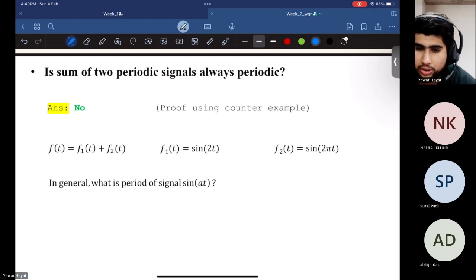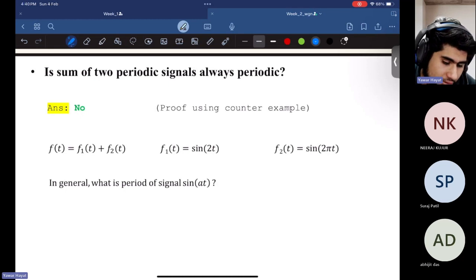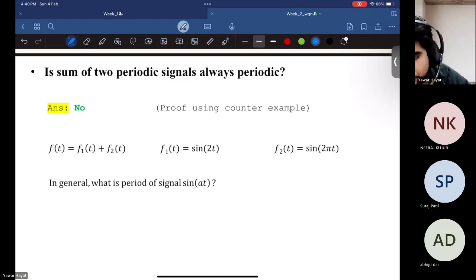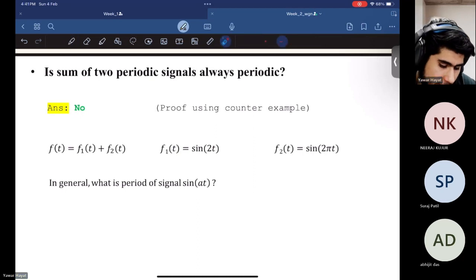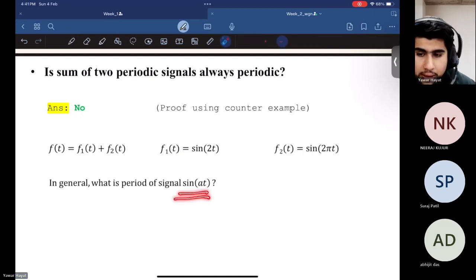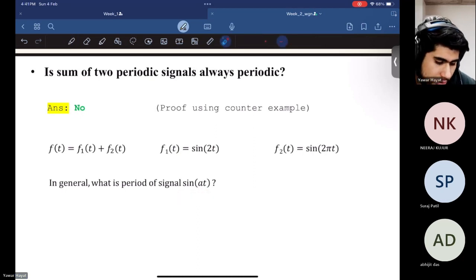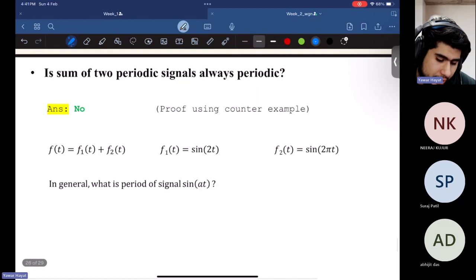In general, what is the period of this signal sine of at? Sir, 2 pi. It is 2 pi for sine of t, right? I'm writing this sine of at. This is your omega, right?